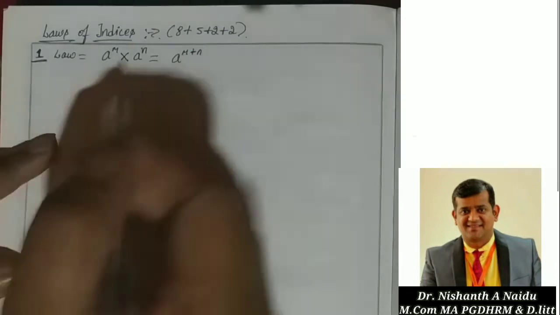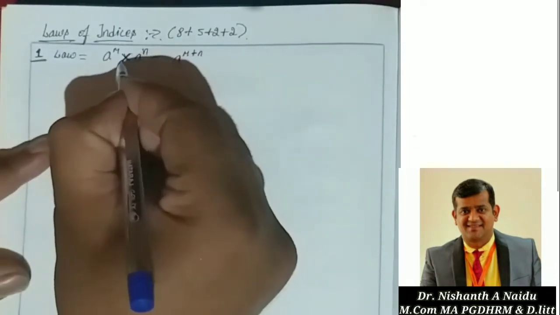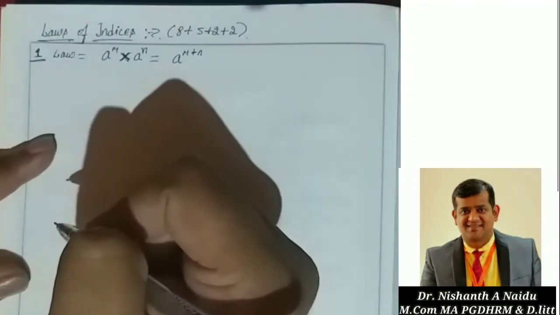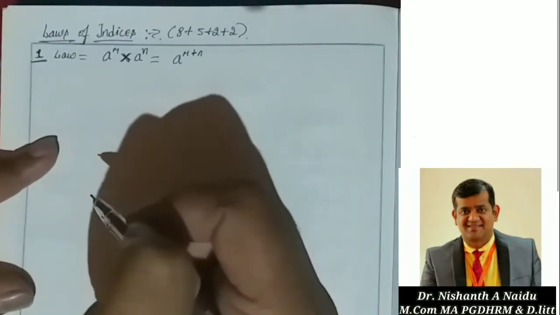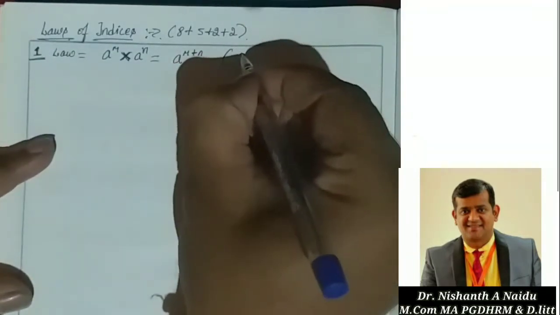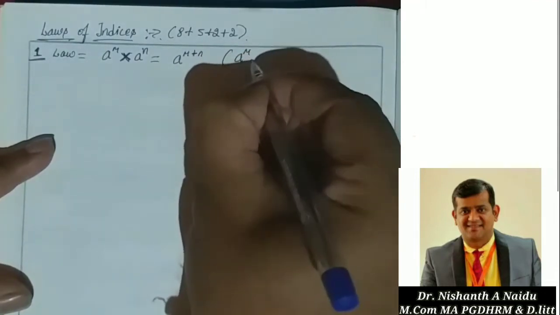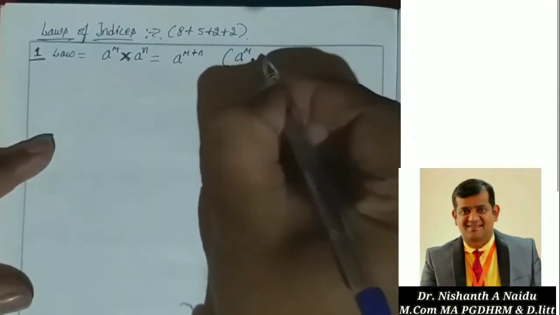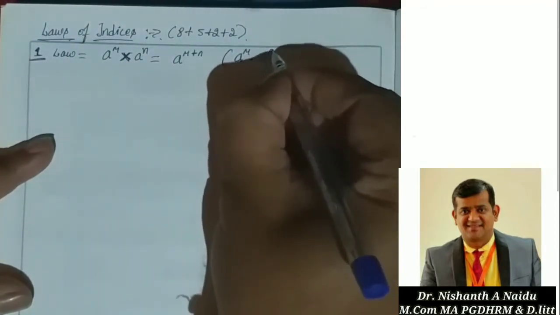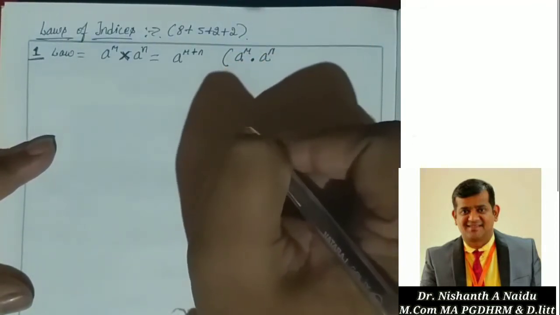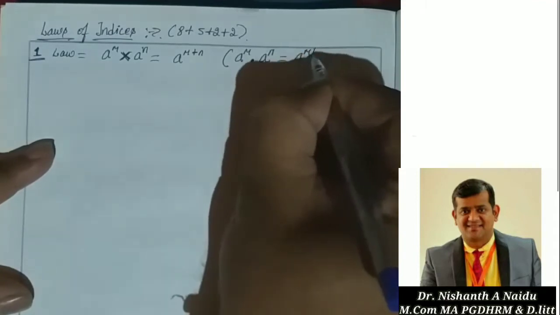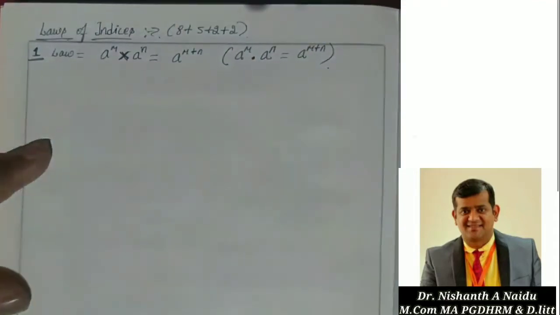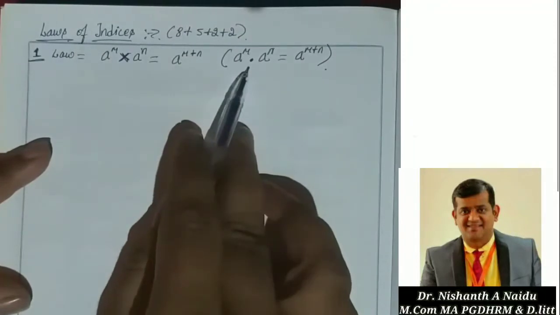You cannot expect all the time that they will give you a multiplication symbol. By this time you all know that even if there is a dot, that is also considered a multiplication symbol. For example, a to the power of m dot a to the power of n also means a to the power of m plus n. So dot is also considered as multiplication.